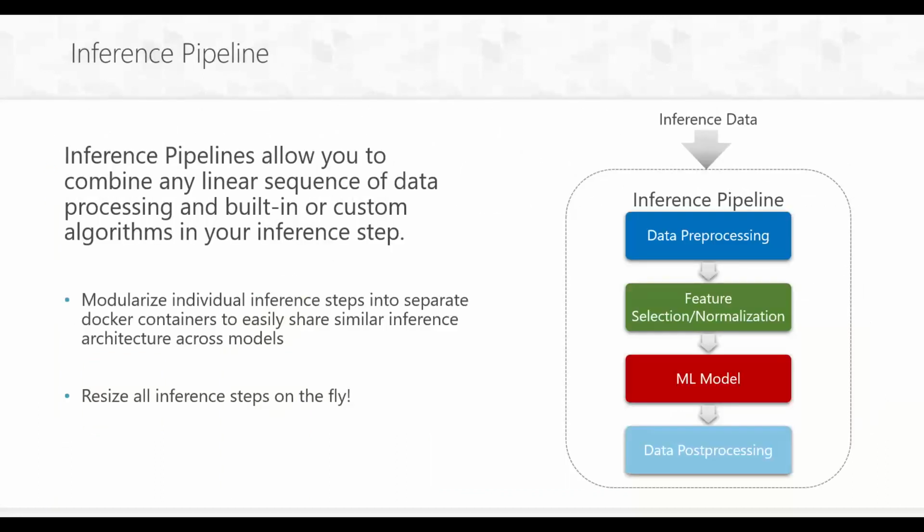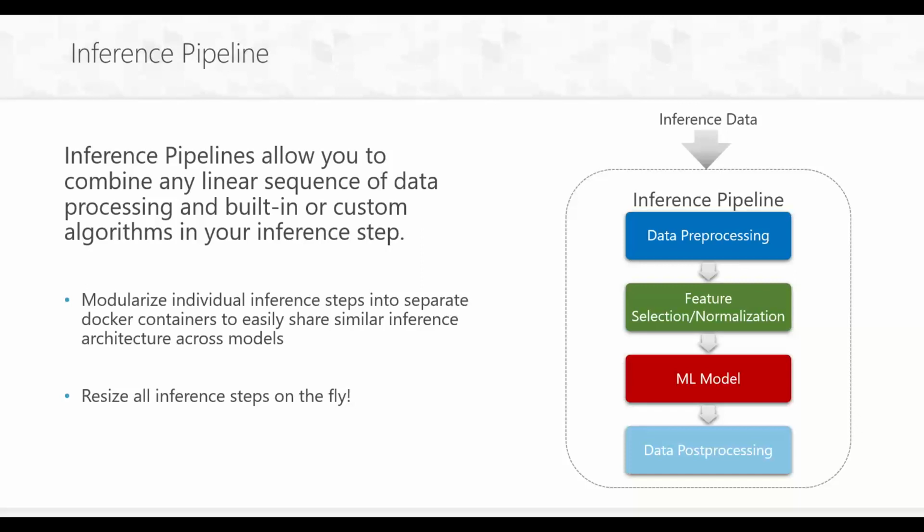And the last feature I wanted to talk about are inference pipelines. What inference pipelines are is a linear sequence of data pre-processing steps and algorithm predictions in your inference stage.